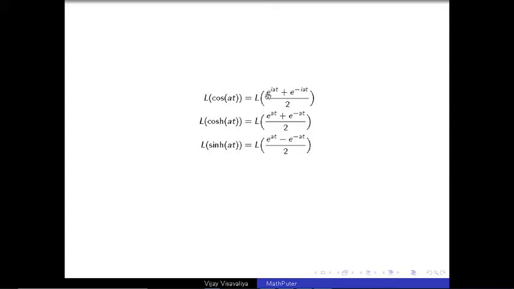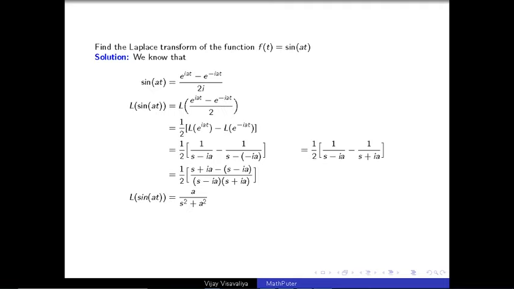Then we apply the formula of Laplace transformation of e raised to at everywhere for all these functions. Then we take LCM and simplify. So for all these functions the answer should be in this format.